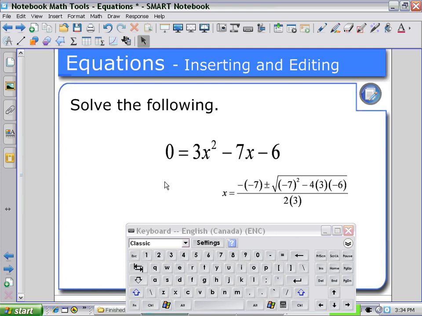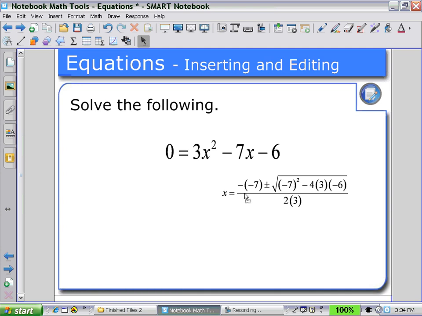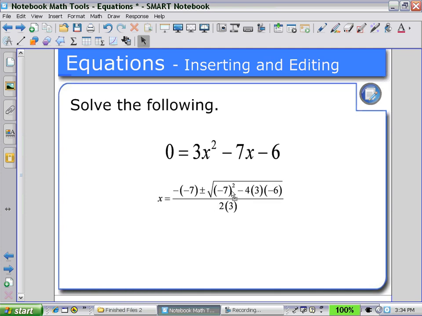So here we have our quadratic formula now with values substituted, so students can see how to solve for the roots.